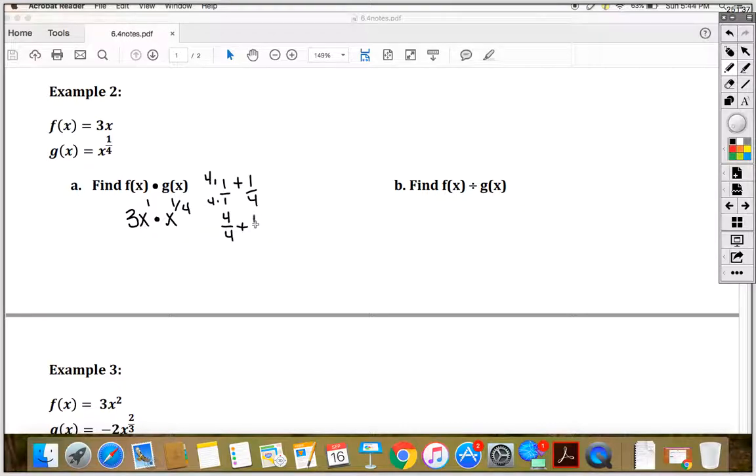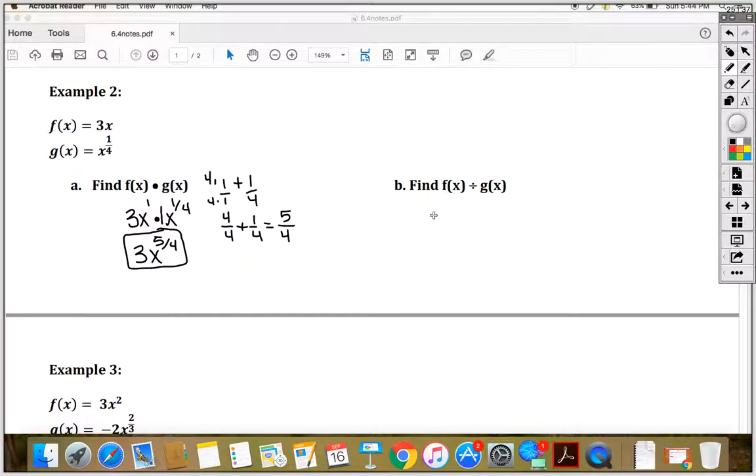So 4 over 4 plus 1 over 4. I add my top, 5 over 4. Now, if I had another coefficient right here, I'd multiply it with that 3, but it's just a 1. So 3 times 1 is 3. x, and here's my power of 5 over 4. When I multiply, I add my exponents.